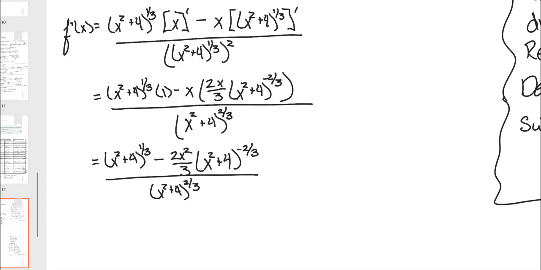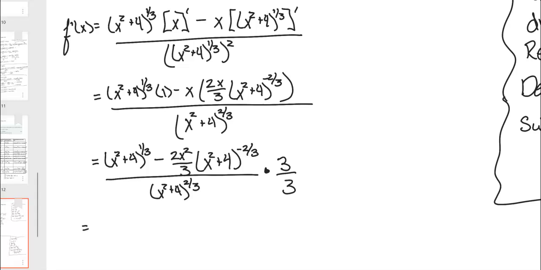So let's look at what these terms in the top have in common. Okay, first thing I want to do is I want to eliminate this fraction within a fraction, the complex fraction. So I'm going to multiply the top and bottom both by 3.